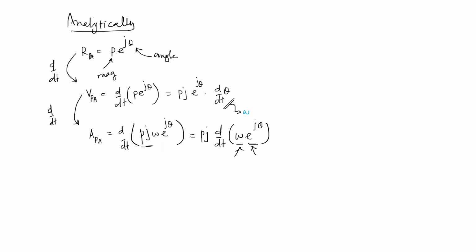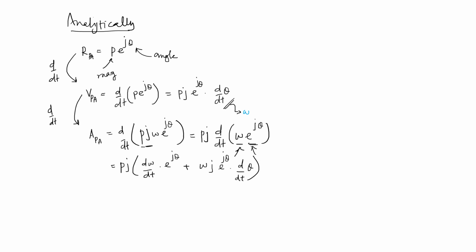So as a result of that, this is going to be equal to Pj, and inside these brackets you're going to have d omega by dt times e raised to power j theta plus omega as it is. Then you have j coming in from this e raised to power j theta, and then you have d by dt of theta itself, which is obviously omega.